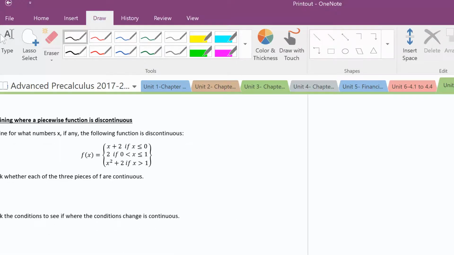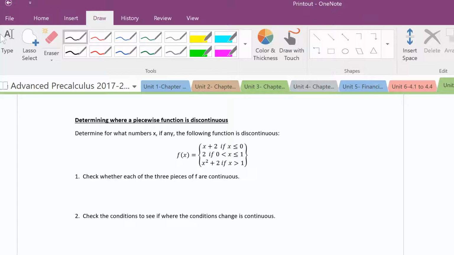All right, so we'll do the same thing with piecewise functions to determine if they're continuous or not. There's actually two things that we have to do. Number one, check whether each of the three pieces of the function are continuous. So if you look at the three pieces, you have a line, right?